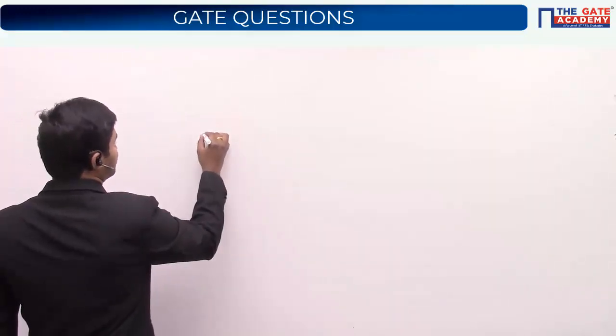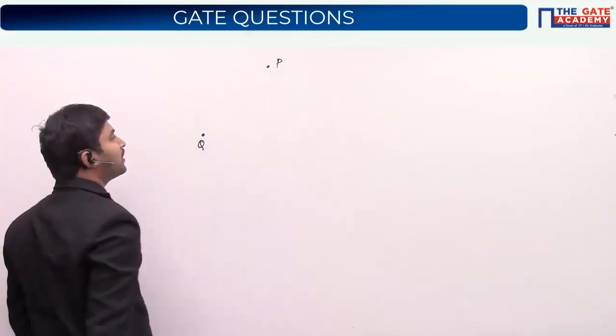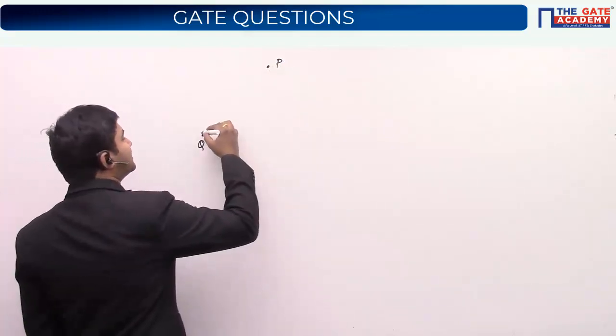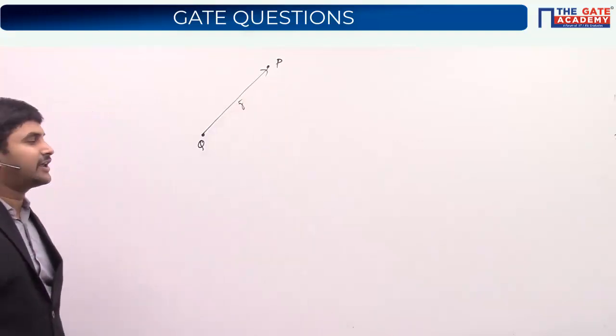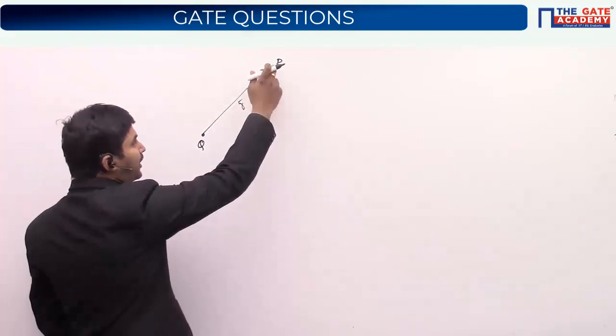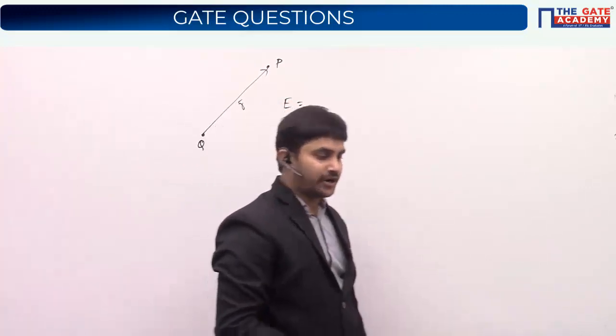So yes, we're going to discuss the concept of image charges. Why are we discussing this particular concept? Let me give a brief understanding of it. If I consider a charge Q, and we have to find out the electric field at a particular point P, which is at a distance of R, what is the electric field at this point?